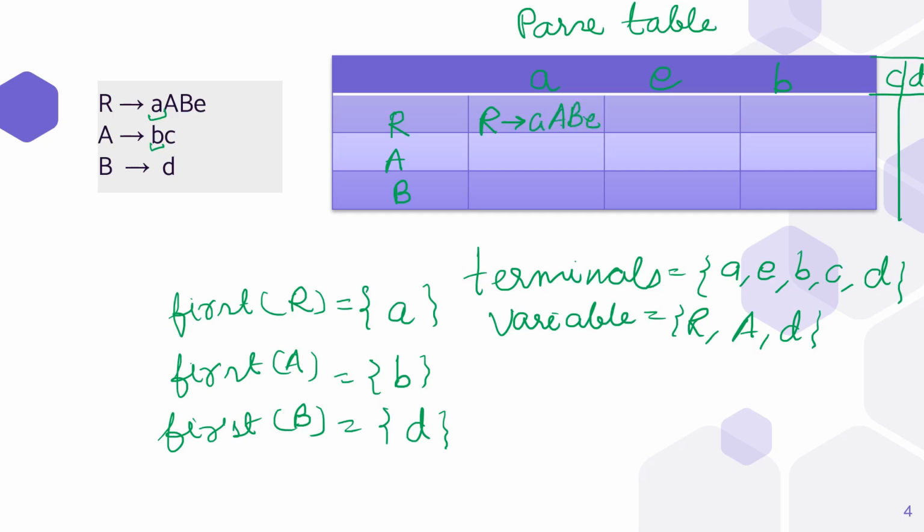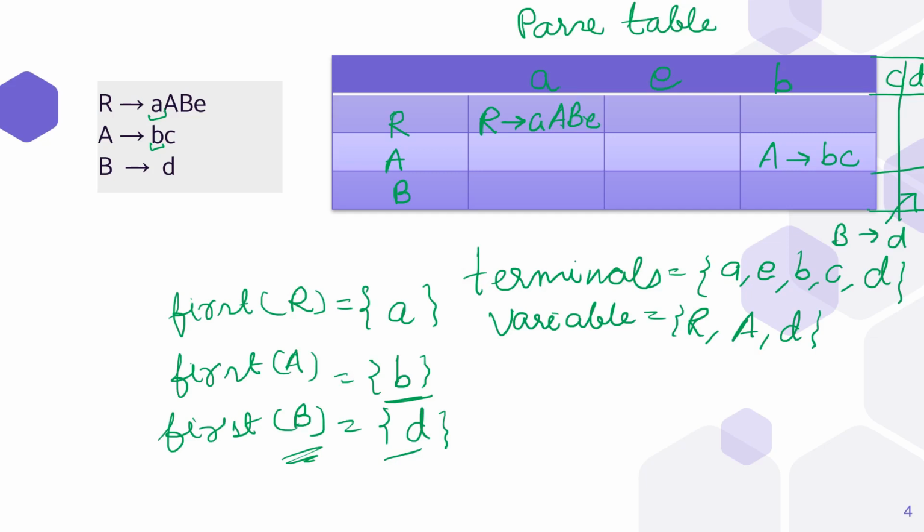Similarly, since the first of A is b, we would write the production in the b column. Similarly, first of B is d, so it would be written somewhere here. I'm pointing it out and writing it.